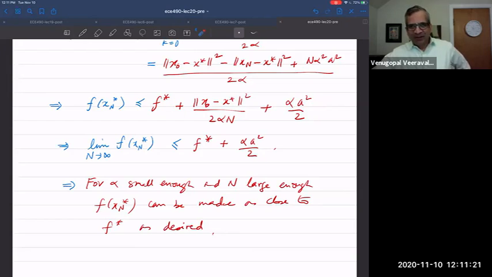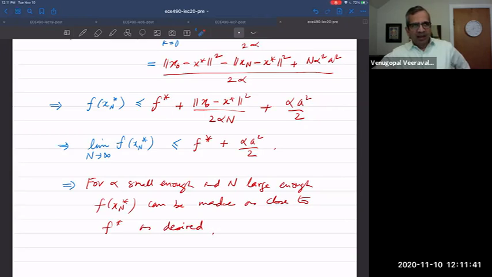So what we're going to explore on Thursday is what happens if I allow the step size to go to 0 as k goes to infinity and at some rate. You can imagine that in that case I might be able to actually get to the minimum.